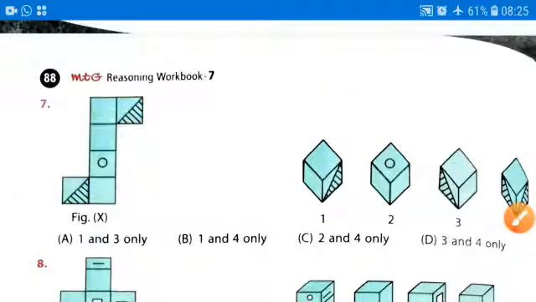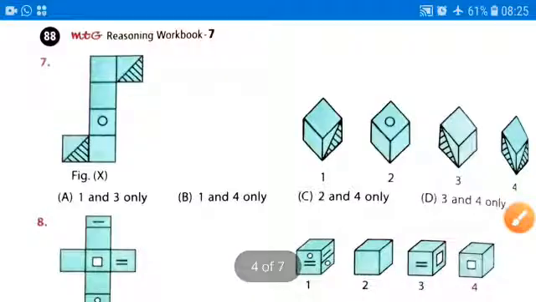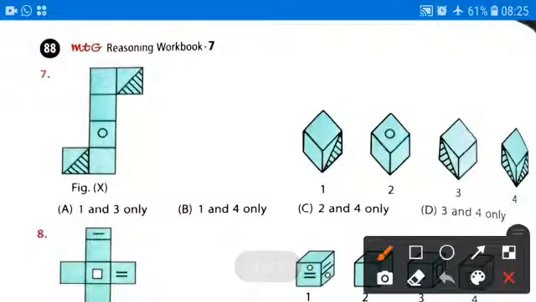Now check accordingly. Checking figure 1. First of all, we will check figure 1. Okay, this and this, and these are adjacent. Okay, as I told you.